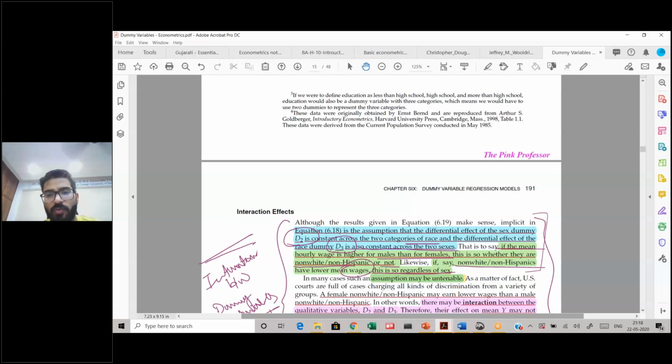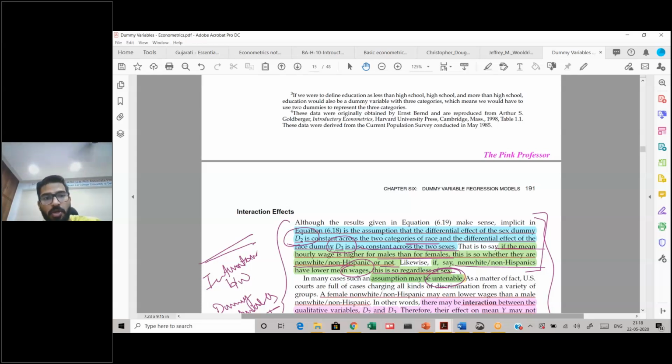This is what we are saying. However, this may be untenable. It might be the case that Hispanic females might be earning more than females in the case of whites. So that might be a case.